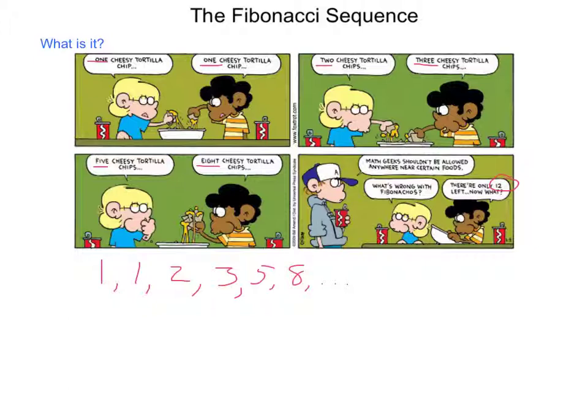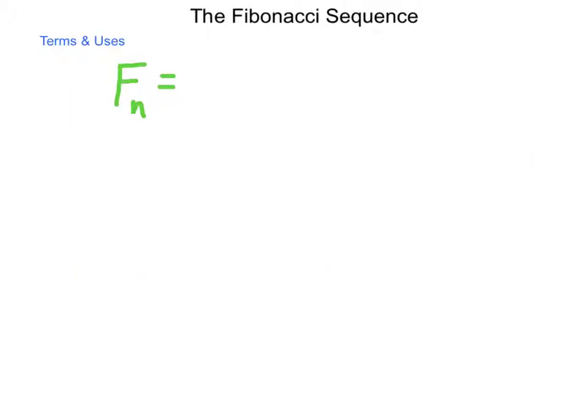The Fibonacci sequence uses a constant called phi, which is also known as the divine number, because again these things were found in nature. So how do we find the terms of the Fibonacci sequence?